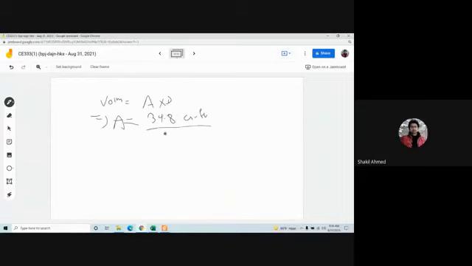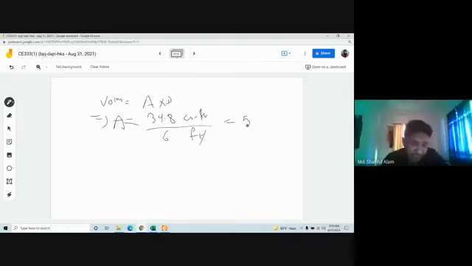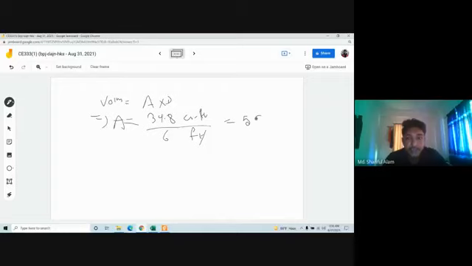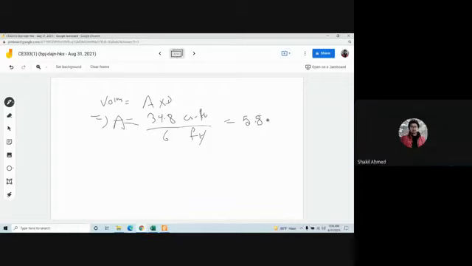What is the depth, guys? 6 feet. So feet cancels out. Tell me the value, please. 5.8. So this is acre.